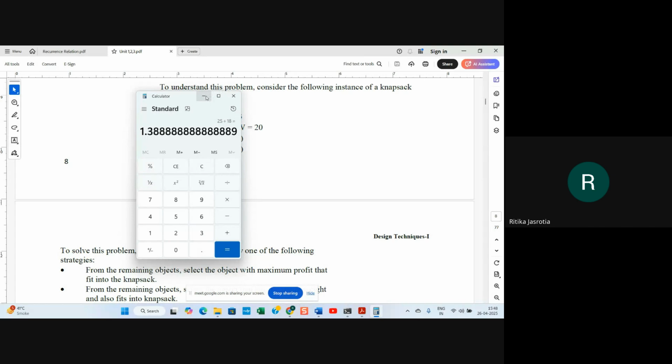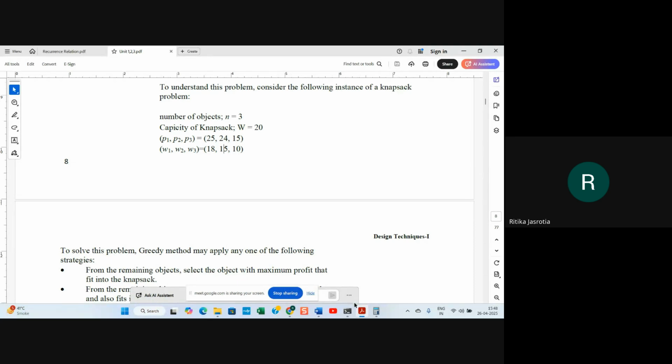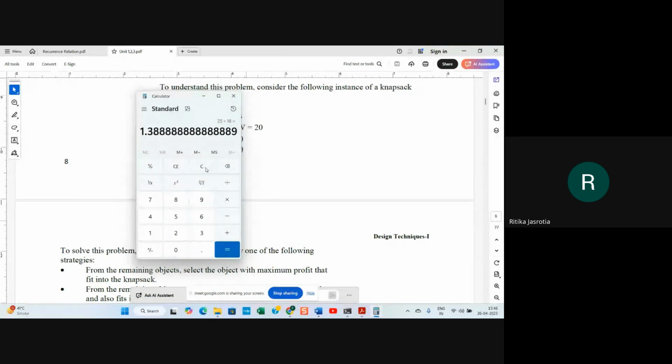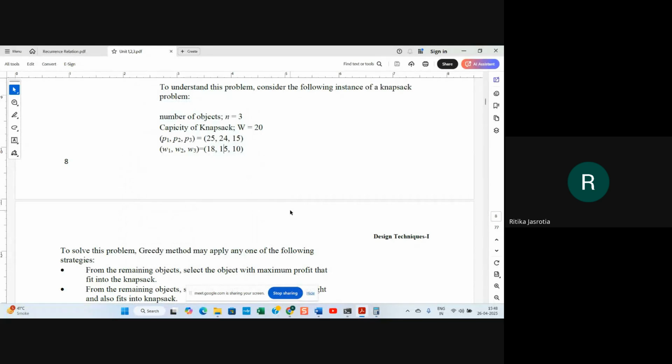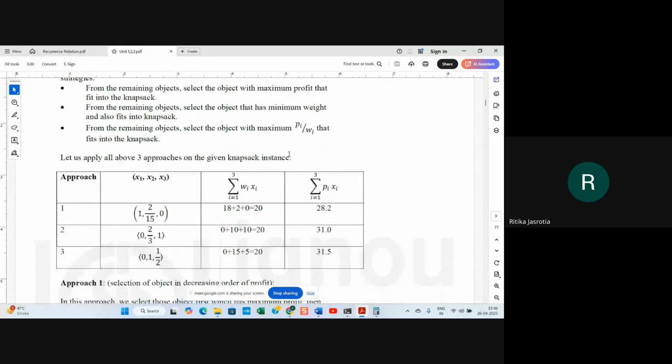So which is the maximum? 1.6 is the maximum, the middle one. Yes, ma'am, the middle one is the maximum.